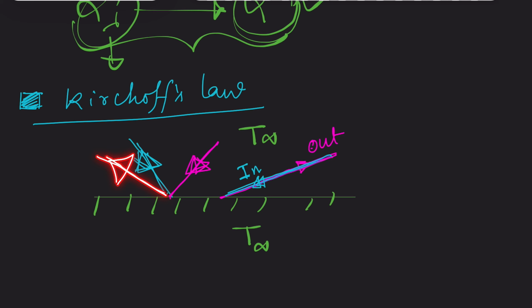If there is any other direction in which some radiation energy is going out, I don't know that there is any counter direction in which the same radiation energy is coming in, if these directions are arbitrary.